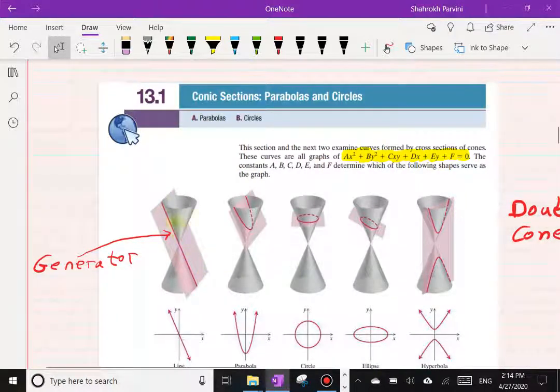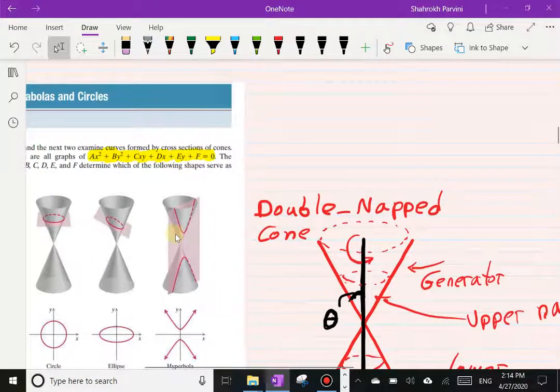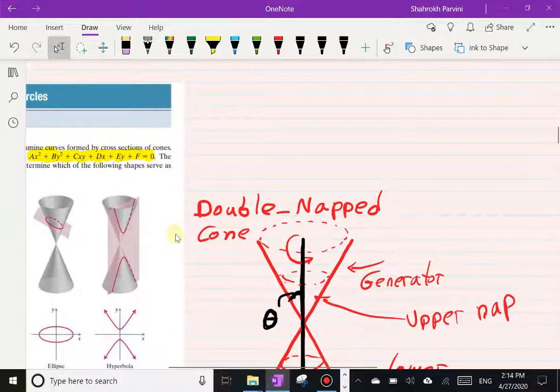If you look at this line here, which I call a generator, and we rotate this line about the vertical axis, which would be the axis of symmetry of the cone, I do have it here in a better drawing.